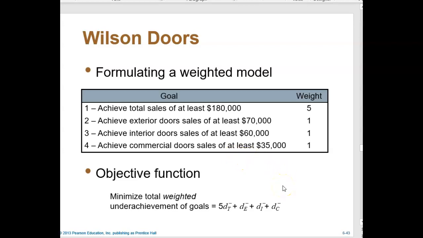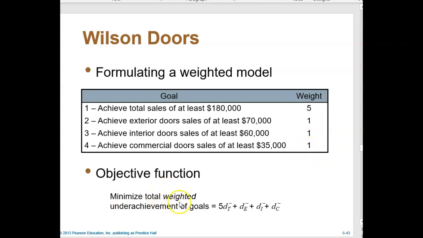But if there is a case where one of the goals is more important than the other goals, then we can assign a higher weight to that particular goal, just so that we can tell the model that achieving this goal is more important than achieving the other three goals, which is why here we have set the weight for goal number 1 to 5 and the remaining three goals to 1.